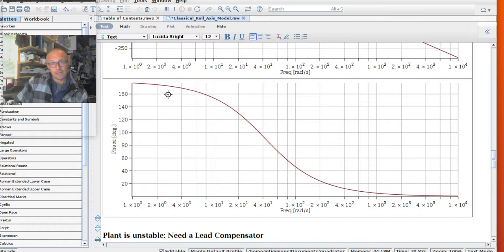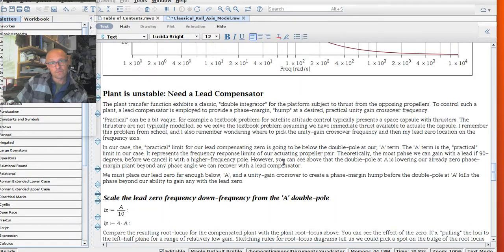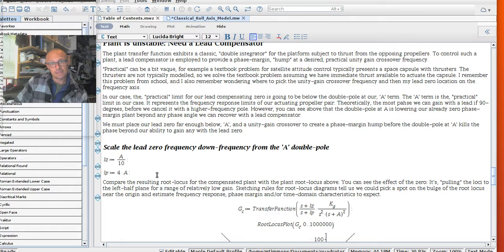A lead compensator is just going to buy us, I don't know, 30 degrees of phase, let's say. We're putting in a hump. But this is falling precipitously. So no matter what we do with the lead compensator, the double pole at A is going to pull us down anyway. So I just scale my lead 0 off of the A term.